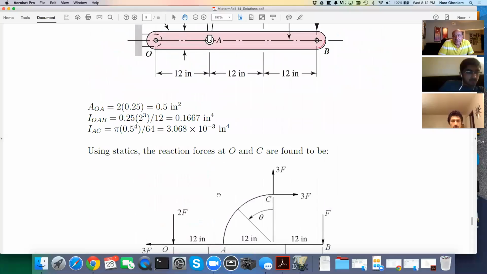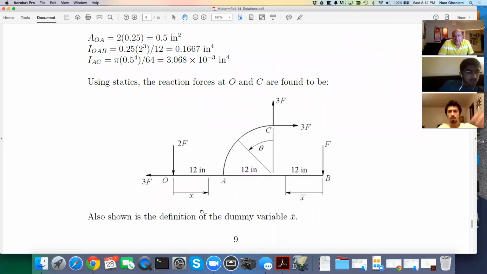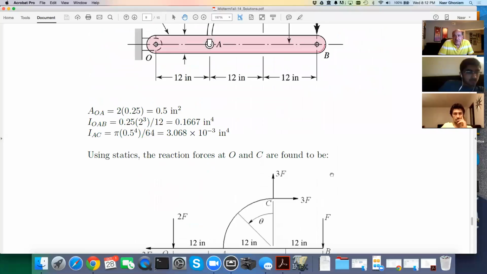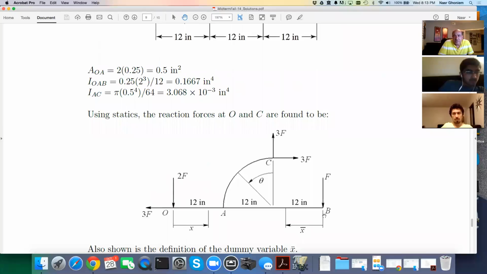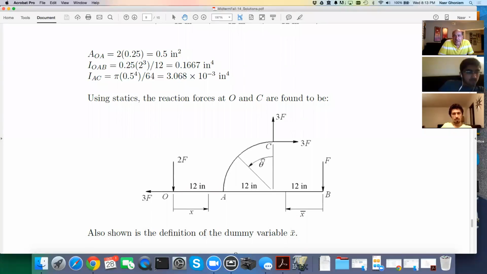So if you look at, this is the initial structure. Then we have the force at B, the external force. If I take the two together, so I'm not going to separate them at A, then you have a force at A, a reaction at O, and a reaction at C. But since I don't know if the reactions are horizontal or vertical, I have to put both vertical and horizontal reactions.